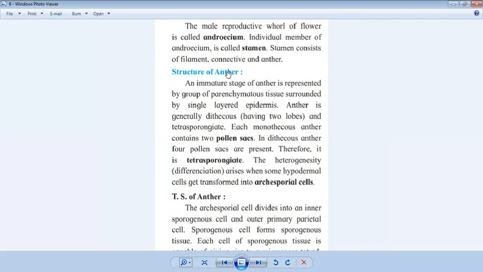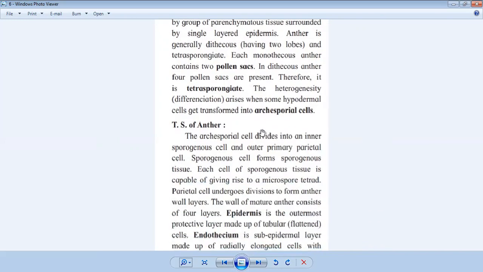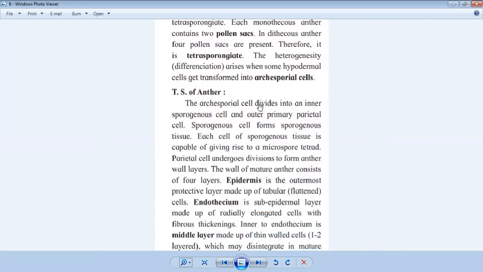In the previous lecture, we discussed the structure of anther. The anther consists of two lobes, or sometimes one lobe: two lobes is dithecous, one lobe is monothecous. The TS of anther shows a tetrasporangiate structure, which means it produces four pollen sacs or pollen chambers, also called microsporangia.